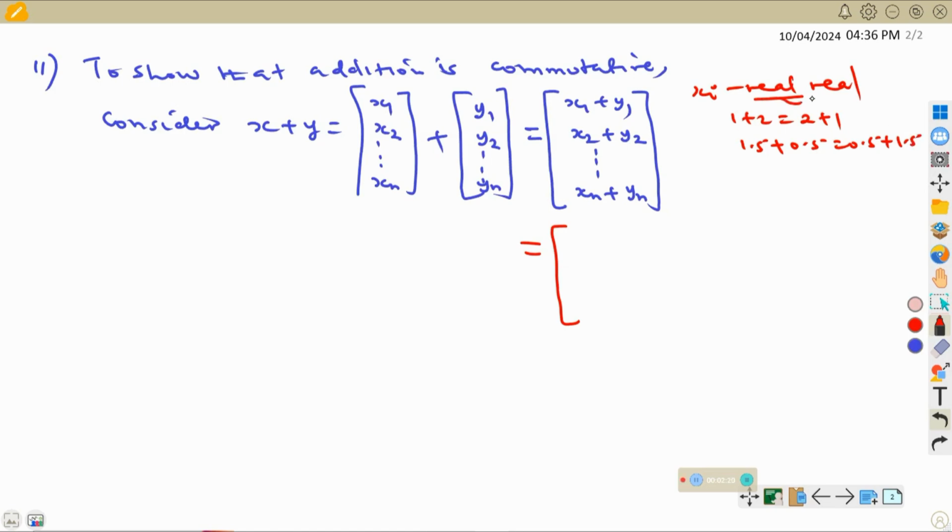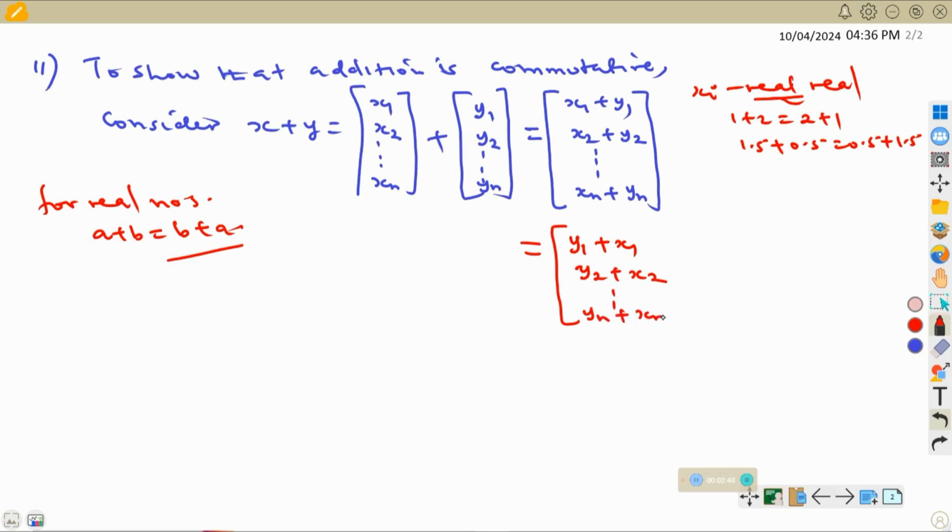So when you are dealing with real numbers, we say that a plus b is same as b plus a. So similarly, we can still write y1 plus x1, y2 plus x2, then yn plus xn. We can easily write it.